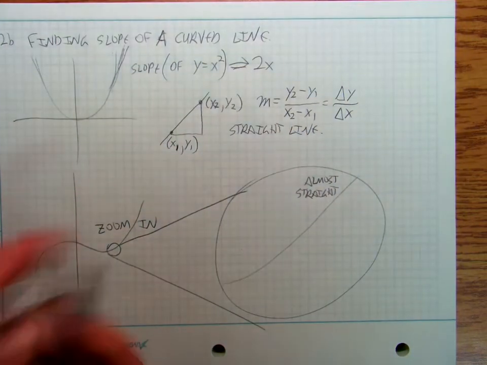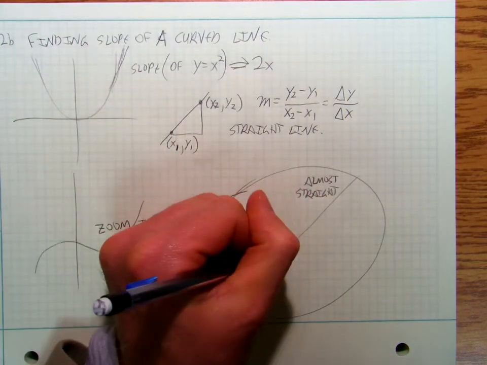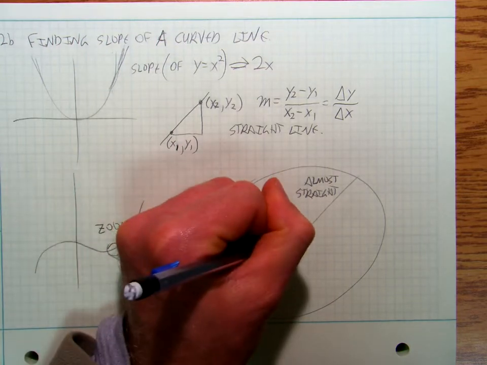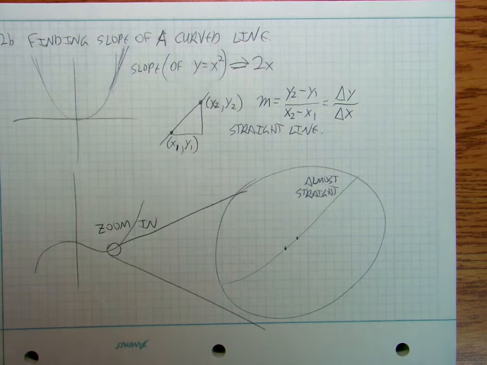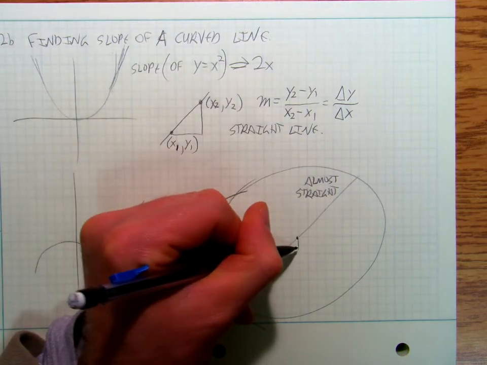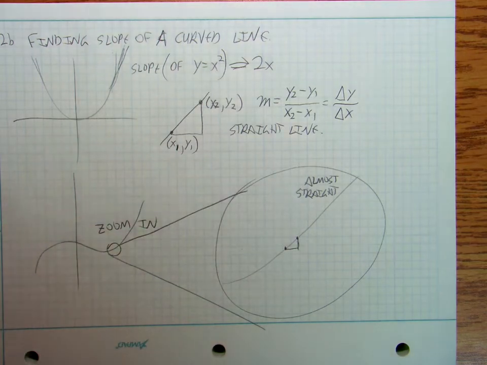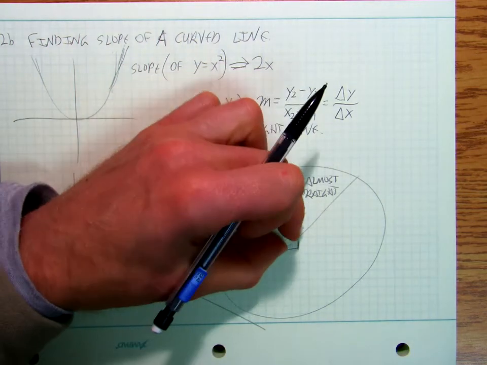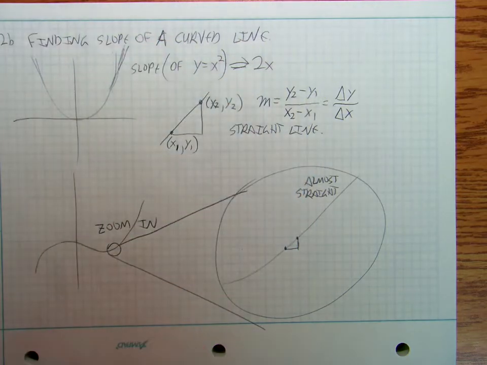And so then I'm going to do the exact same thing. I'm going to choose 2 points that are really close to each other, and that's basically going to be almost a straight line. And if I zoom in further and further, and I get those points closer and closer together, I'm going to get closer and closer to a straight line.